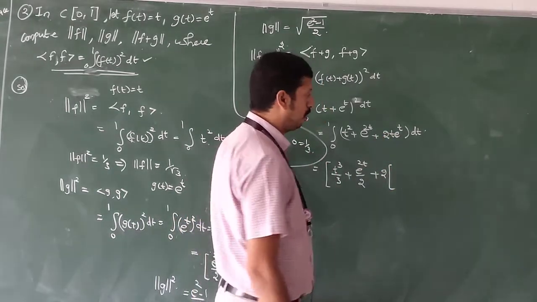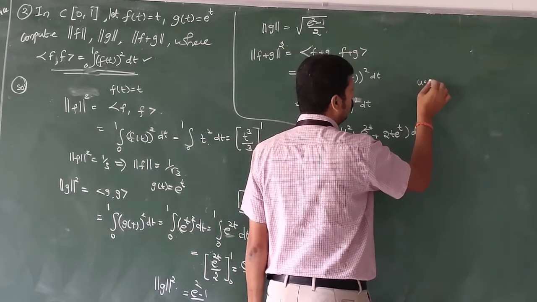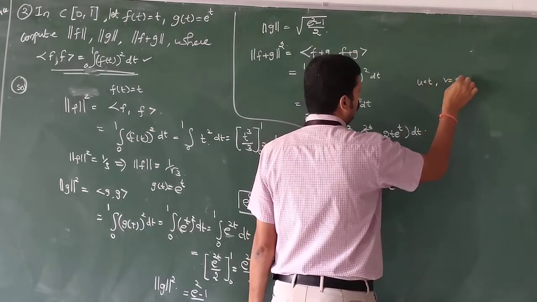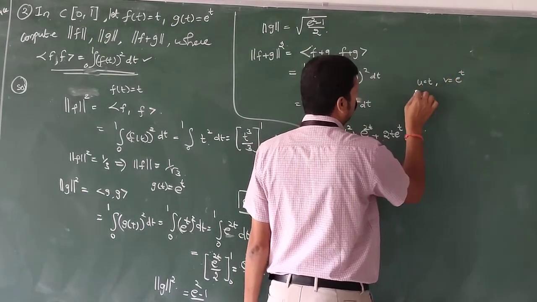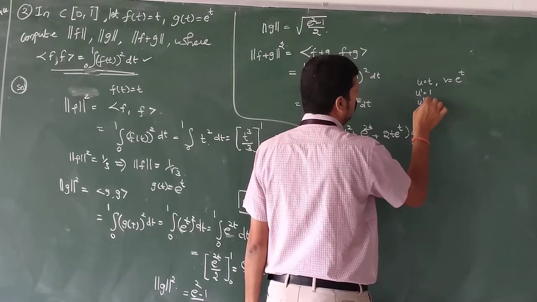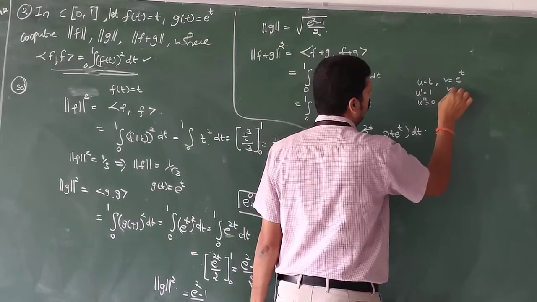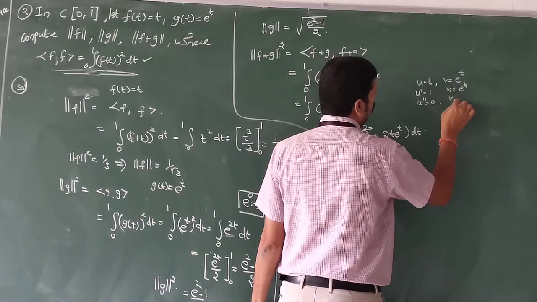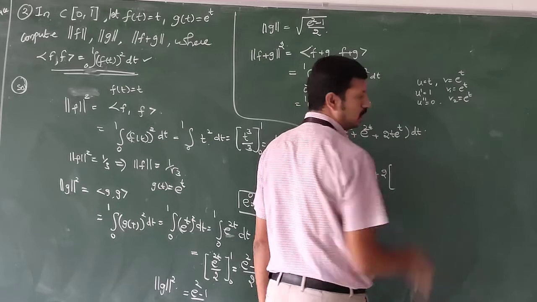formula, right. So, Bernoulli's formula, if you use u equal to t, v equal to e power t, so u dash equal to 1, u double dash equal to 0, v1 equal to e power t, v2 equal to e power t. If we integrate this one, we will get this one.